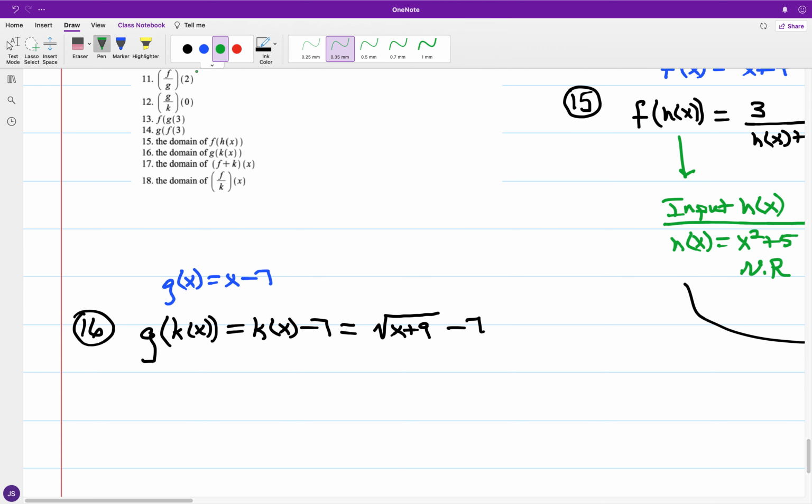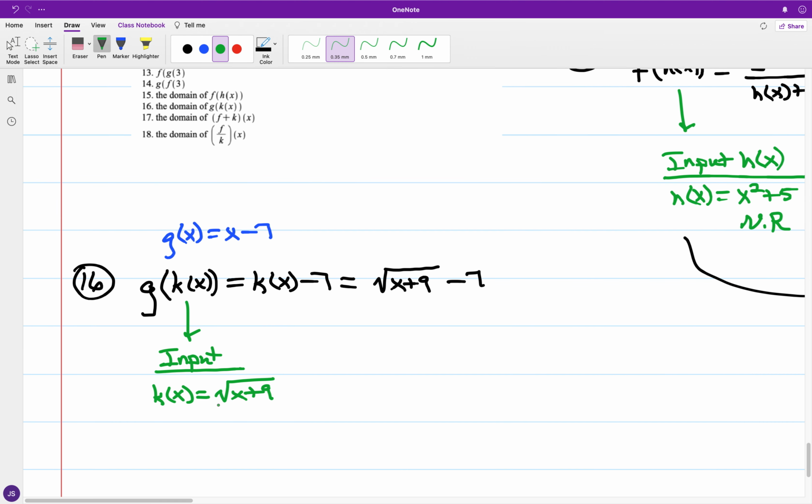Now, for the input, you have k of x is equal to the square root of x plus 9. Now x plus 9 can be 0 or positive, so the restriction is going to be that x is greater than or equal to negative 9.